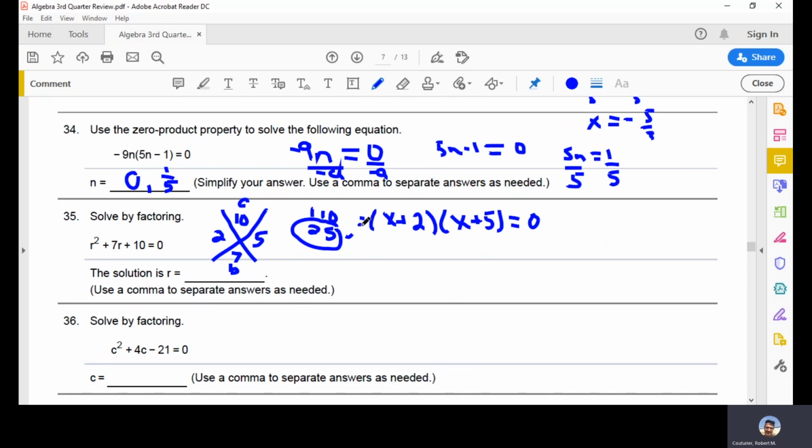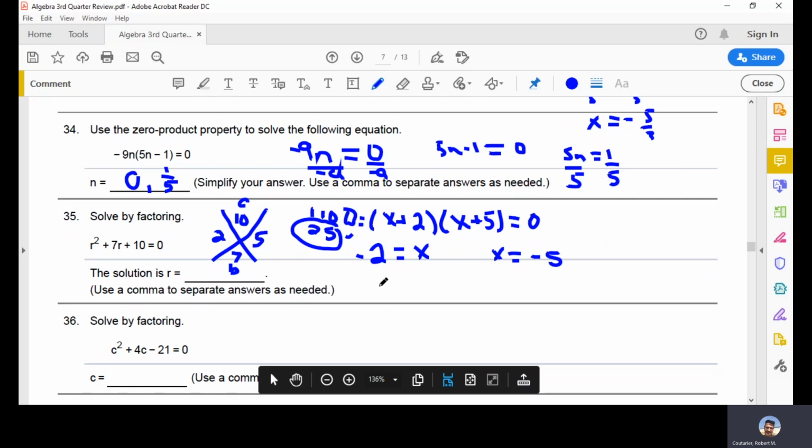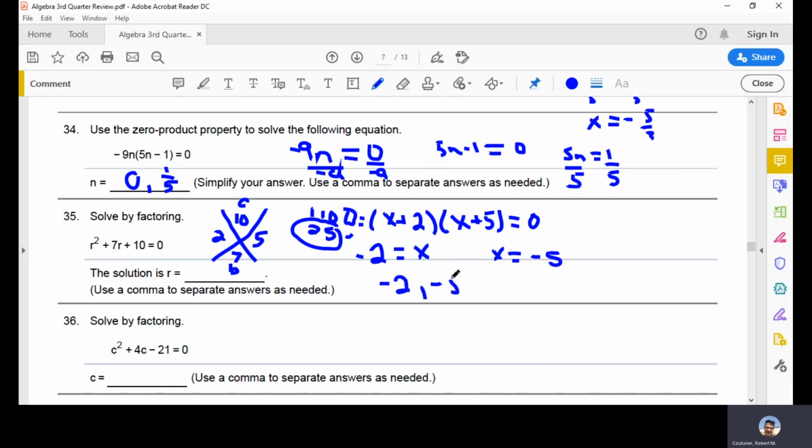Sometimes I do it like this if I'm handwriting it to save room. Oh, look, I'm solving it backwards, but I just saved room. Subtract 5, so you have x equals negative 5. We have to subtract 2 on both sides, so negative 2 equals x. So there's our two solutions. You have negative 2 comma negative 5.